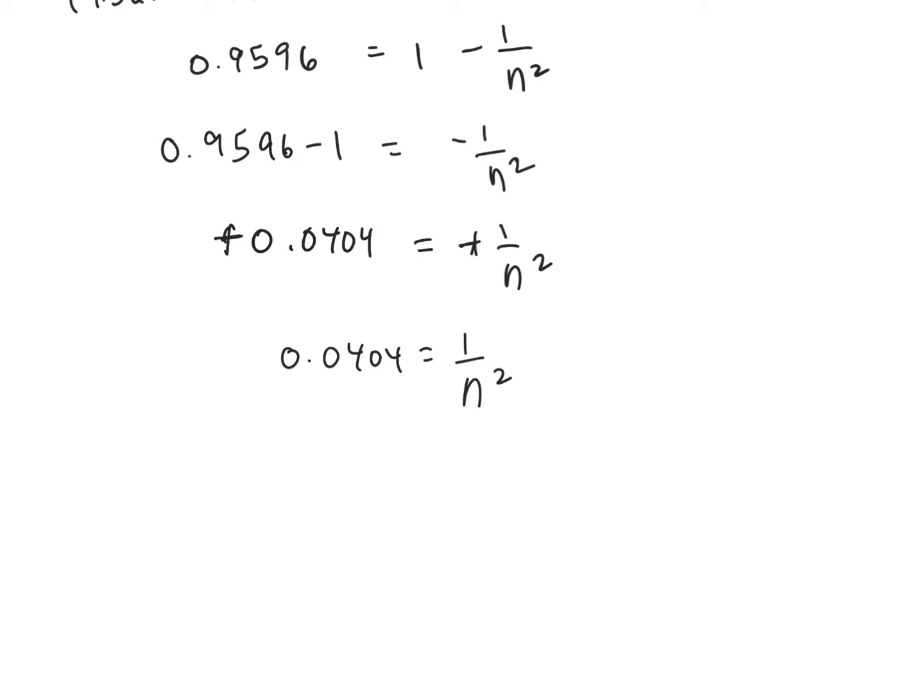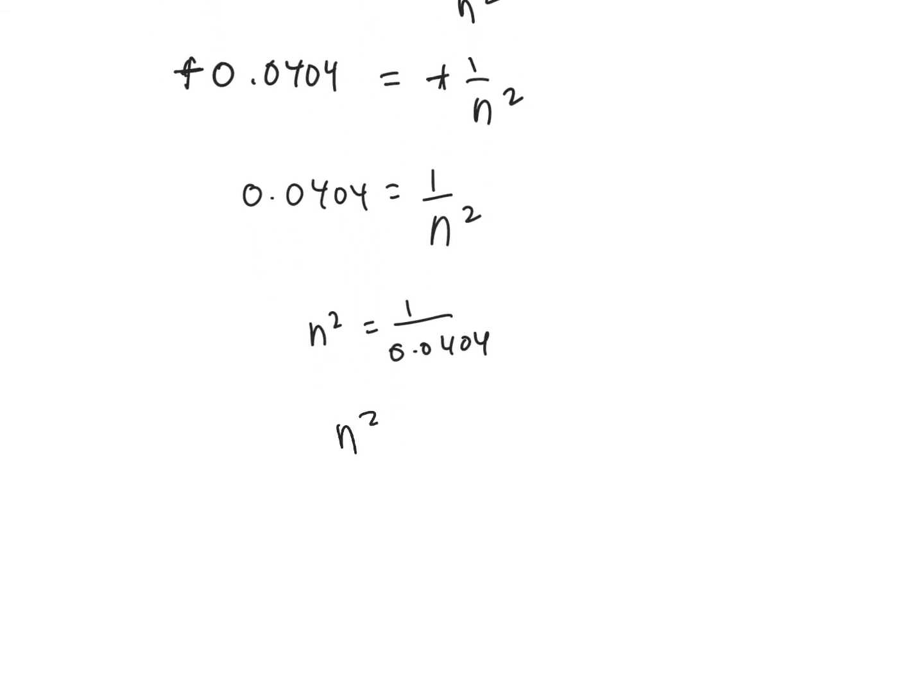So you want to put n squared on the left-hand side, and you can do so by multiplying both sides by n squared, and then dividing both sides by 0.0404. Another way to think about it is these two are just going to switch places. So n squared is equal to 1 over 0.0404, and n squared then is equal to 24.75.